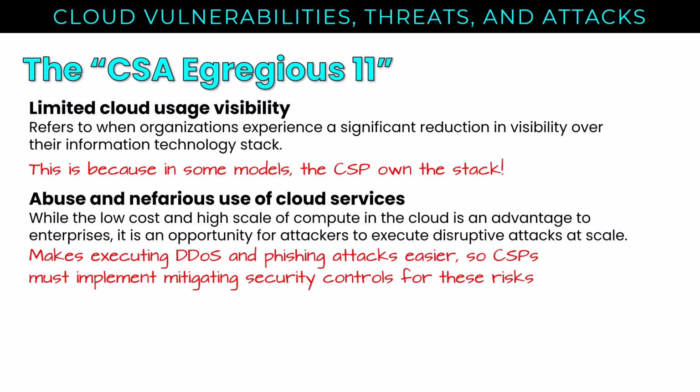So CSPs have to implement mitigating security controls for these sorts of risks. And the big three are all going to have some sort of built-in DDoS protection and potentially an optional premium tier of some sort you can buy to allow for enhanced configuration. So just understanding these vulnerabilities and how the attack surface changes is half the battle.